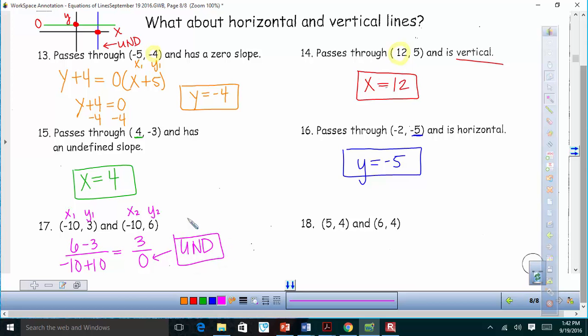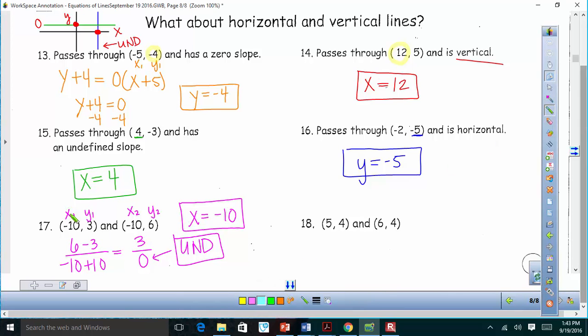So if it's undefined, what would the equation look like? X equals what? Okay, what's an easy way to identify that before you ever plug into the formula? Very good. If you look at both x's, they're negative 10, which means if they're the same number, it's going to end up giving you a 0 either on top or on the bottom. So this should tell you immediately that x equals negative 10.